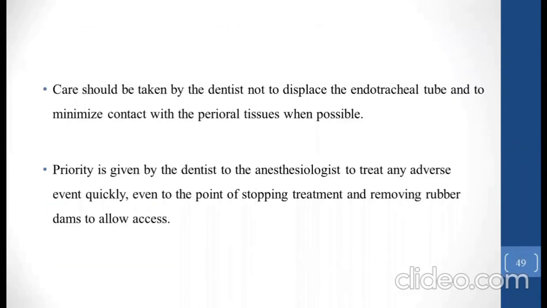Care should be taken by the dentist not to displace the endotracheal tube and to minimize contact with the perioral tissue when possible. Priority is given by the dentist to the anesthesiologist to treat any adverse event quickly, even to the point of stopping treatment and removing the rubber dam to allow access.